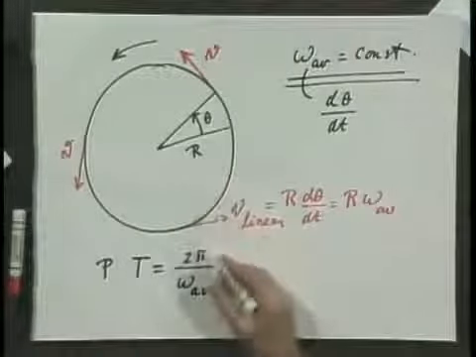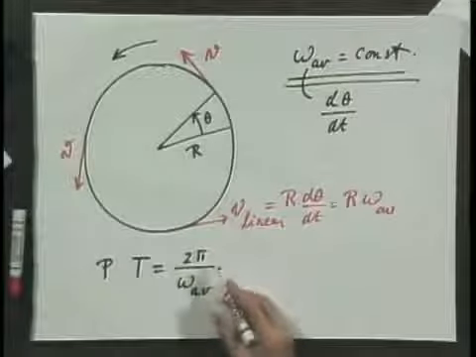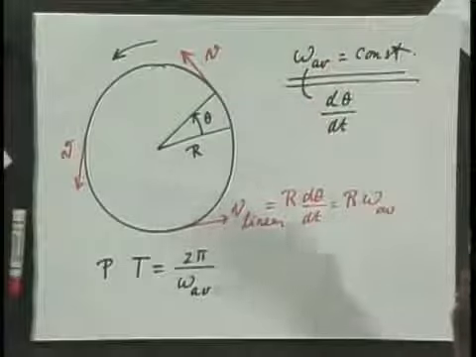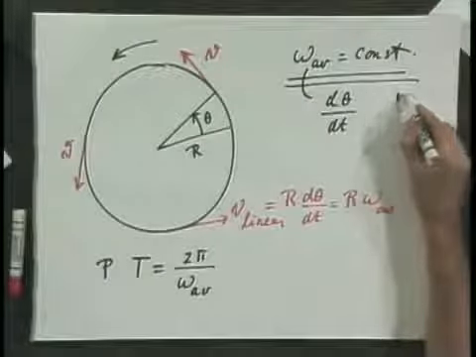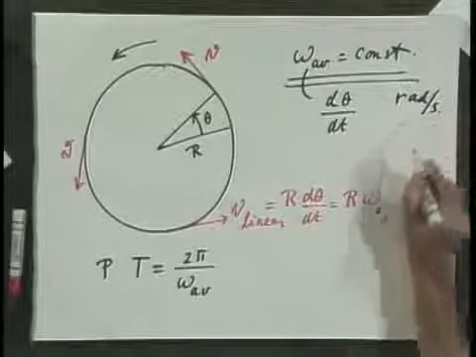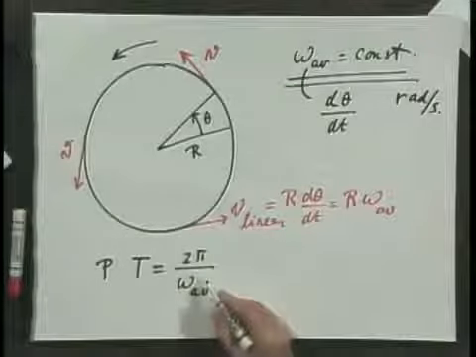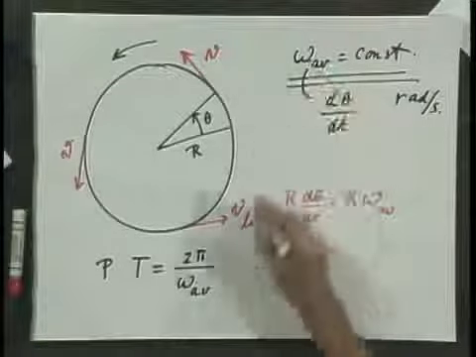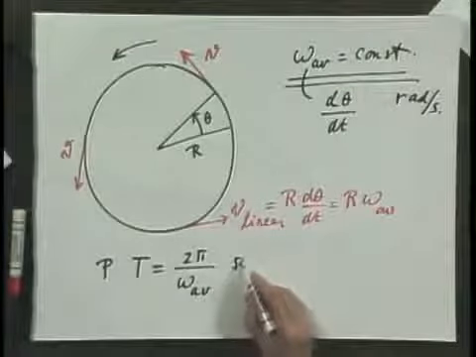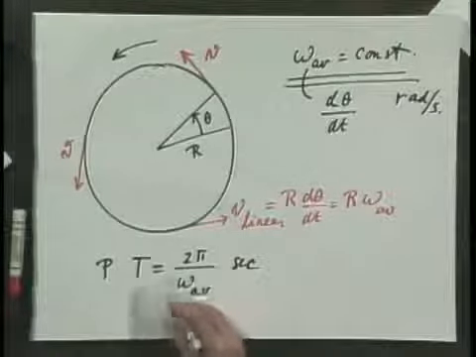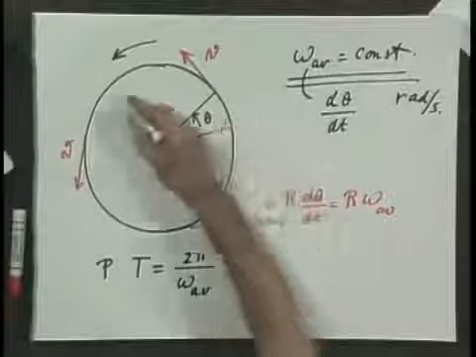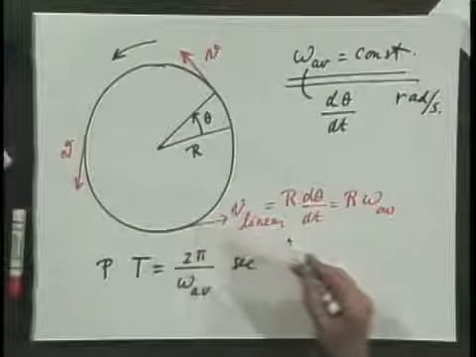One rotation is 2 pi radians. The object moves with the angular velocity, which is in radians per second. So to go 2 pi radians with an angular velocity of omega radians per second would take so many seconds. So it's clear that this is the time that it takes for one complete rotation.